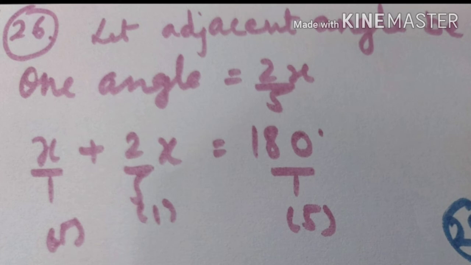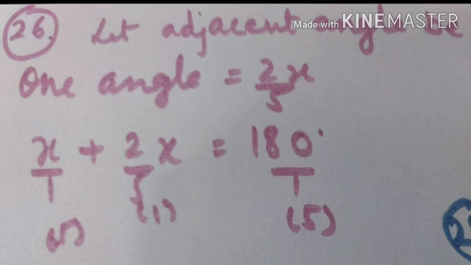So here also, in the parallelogram, first let the adjacent angle be x, and one angle, that is 2/5 of the adjacent angle, will be 2/5 of x.